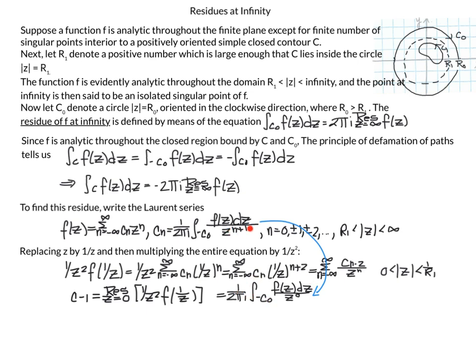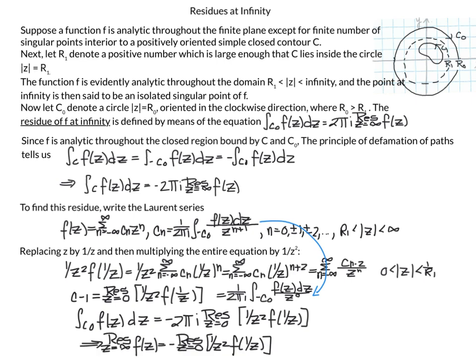Now when n is equal to minus 1, this becomes z to the 0 power, which is just equal to 1. So then I have my closed curve integral of f of z dz, and multiplying by 2 pi i over on this side, I get minus 2 pi i, the residue at z equals 0 of 1 over z squared f of 1 over z.